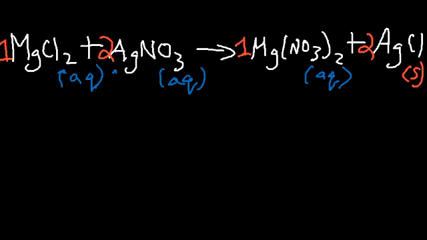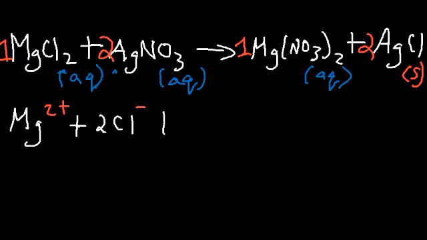Now the next thing we need to do is write the total ionic equation. So everything that's in the aqueous phase, we need to separate into ions. So we're going to have the Mg2+ ion, and we're going to have 2 chloride ions. All of the ions are in the aqueous phase, by the way.